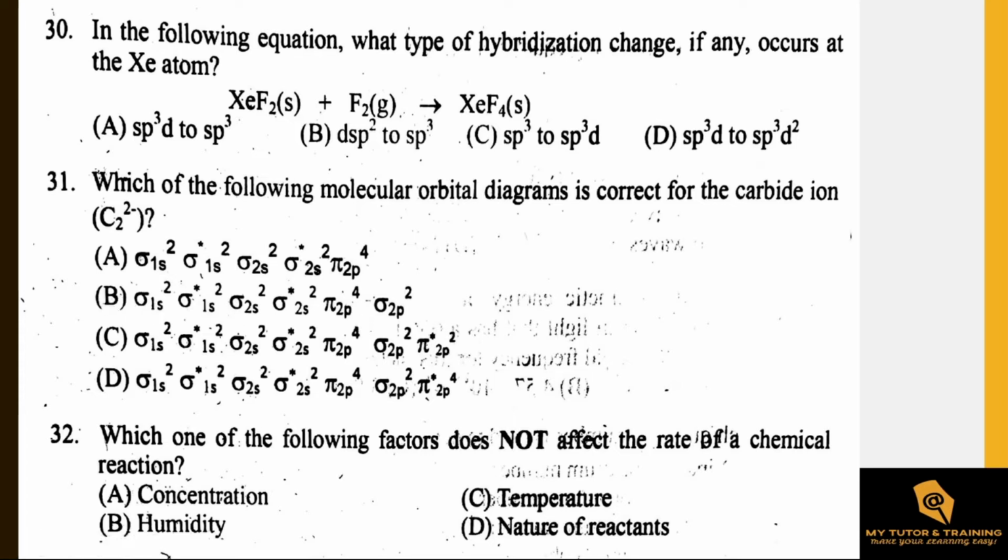B. So the correct electron configuration for carbide, C2 2 minus, is B.